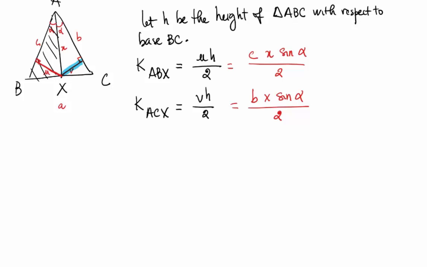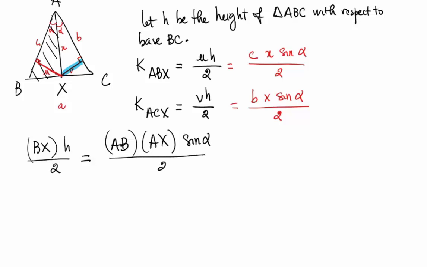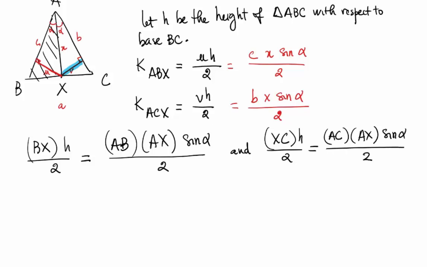We now have u, which is BX, times h over 2 is equal to c, which is AB, times x, which is AX, times sine of alpha over 2, and v, which is XC, times h over 2 is equal to b, which is AC, times AX sine of alpha over 2.